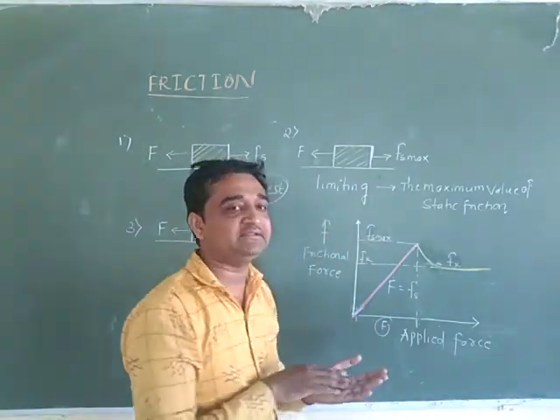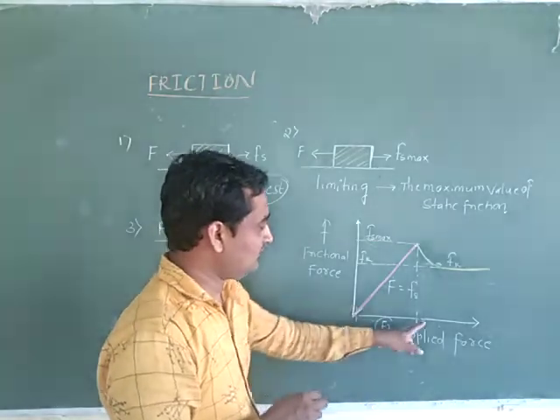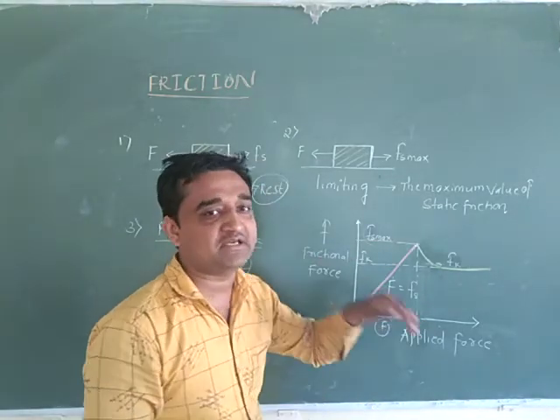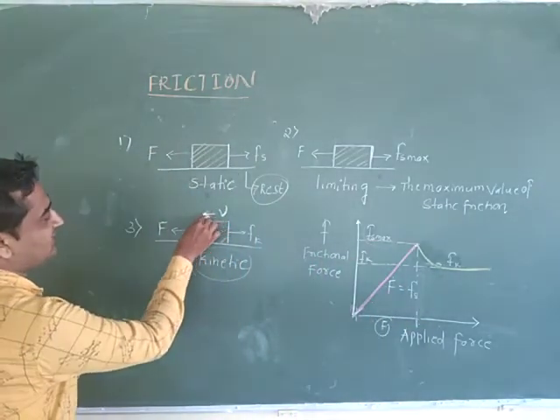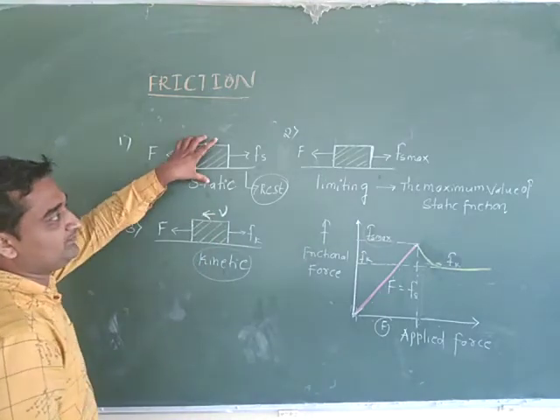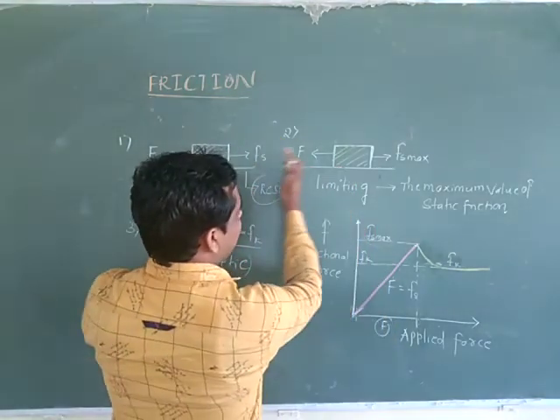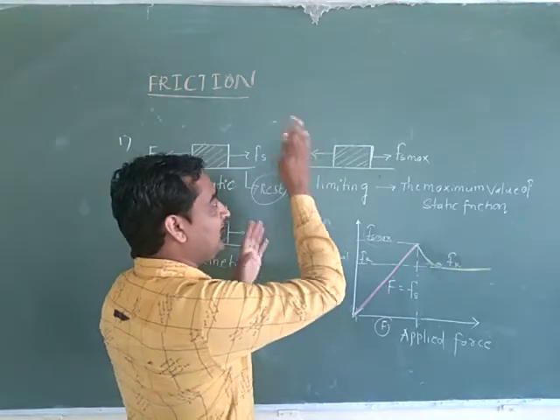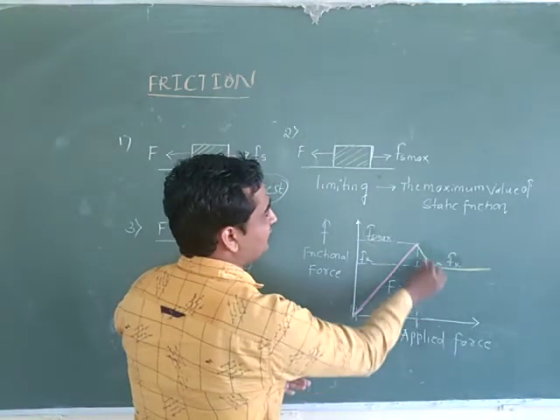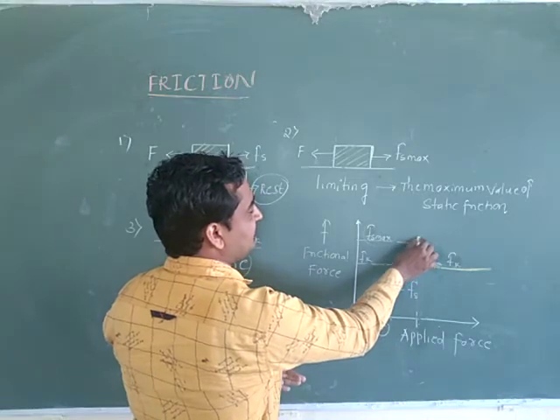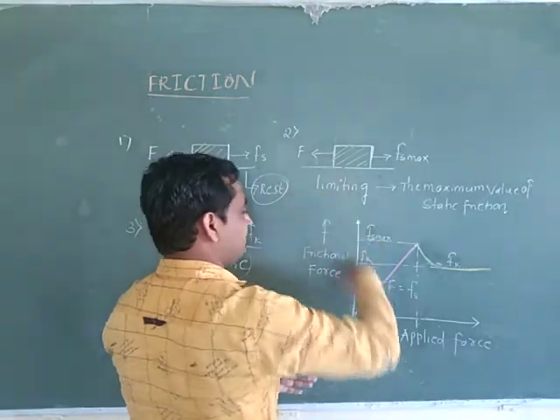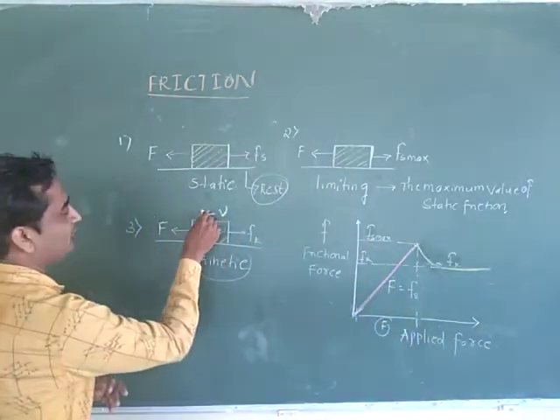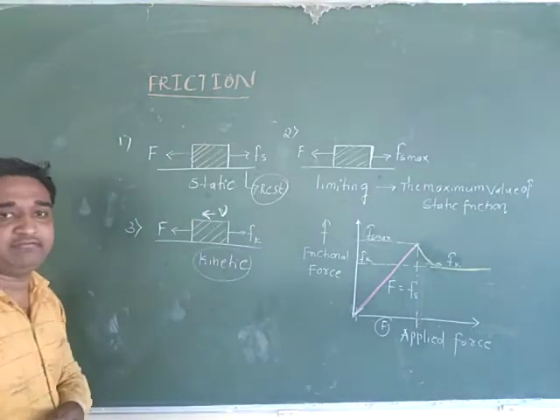After that point, if you apply the force, the body starts to move. In the third case the body starts to move. Here it is at rest and we are applying force, but the applied force is not sufficient to move the body, right? At a certain point of the applied force we have the maximum value of static friction, called the limiting friction. After that if you apply the force, the body starts to move with the velocity v, right?